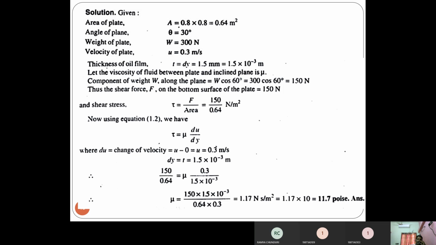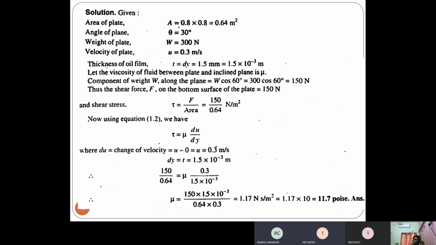If we consider an inclined surface, the weight component along the plane is W cos theta. How to find it in a simple way: along the plane means the cos function will come, and the perpendicular component means sin theta will come. That is the indication.